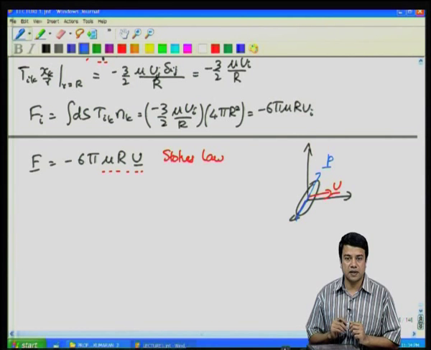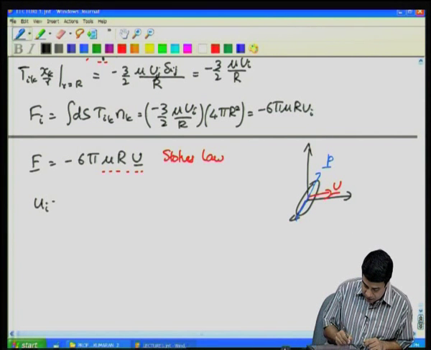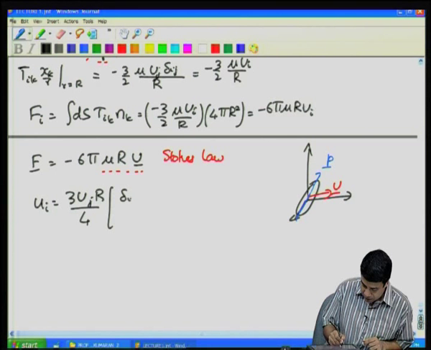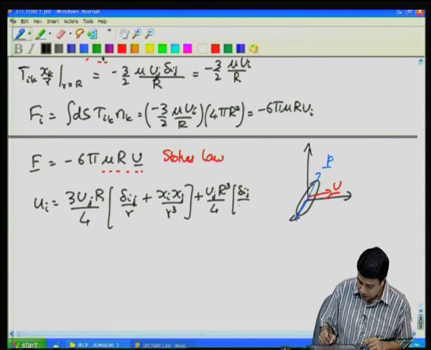However, there are certain things in the solution which will work even for objects of other shapes. If you recall, the velocity field that I had is equal to 3 u_j r by 4 into (delta_ij by r plus x_i x_j by r cubed) plus u_j r cubed by 4 into (delta_ij by r cubed minus 3 x_i x_j by r to the power 5).